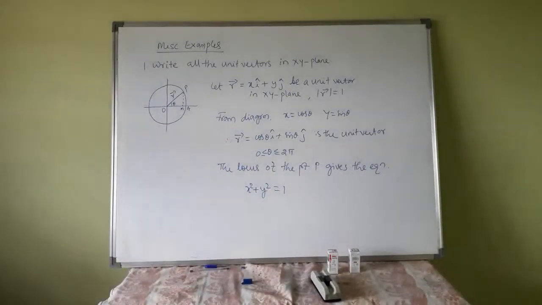That is the equation of the circle with radius 1 and center at the origin. So the answer is r is equal to cos theta i cap plus sin theta j cap.